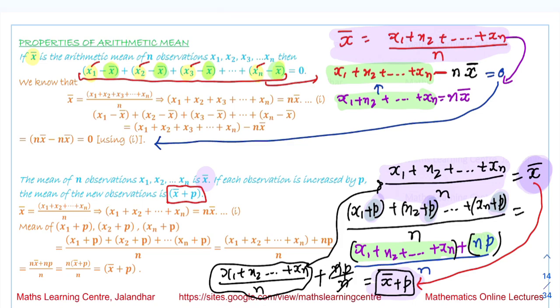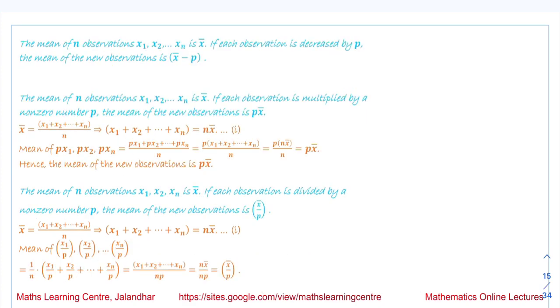Now in a similar way, if n observations have the mean x bar, just like the previous result, and each observation is decreased by p, then the new mean will be x bar minus p. We can give similar reasoning here.